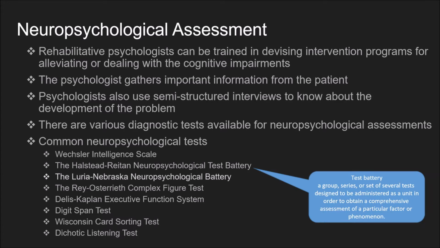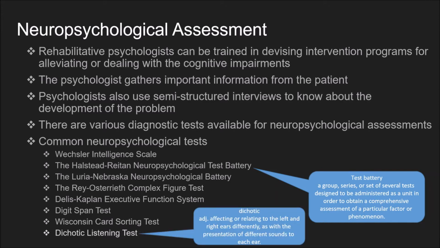The Luria-Nebraska Neuropsychological Battery, the Rey-Osterrieth Complex Figure Test, Delis-Kaplan Executive Function System, Digit Span Test, Wisconsin Card Sorting Test, Dichotic Listening Test. So, dichotic means affecting or relating to left and right ears differently, as with the presentation of different sounds to each ear.